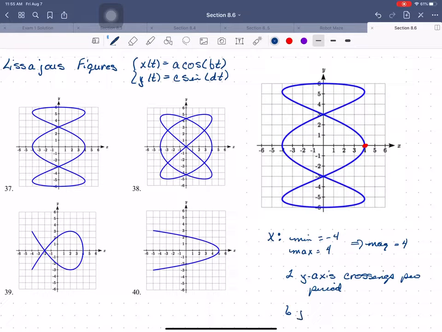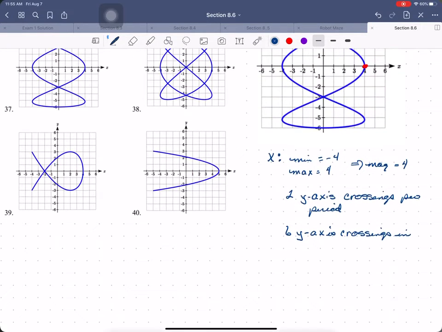6 y-axis crossings in one full trace means my period is 3. Okay.